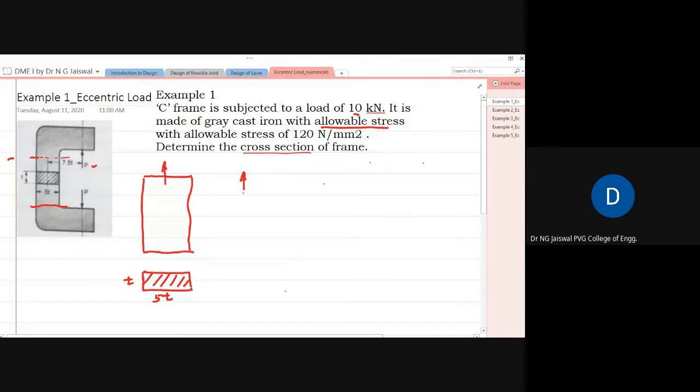When you transfer the force, you transfer the moment also along with the force. With respect to this force, if you find the bending moment about this axis, it will be anti-clockwise.